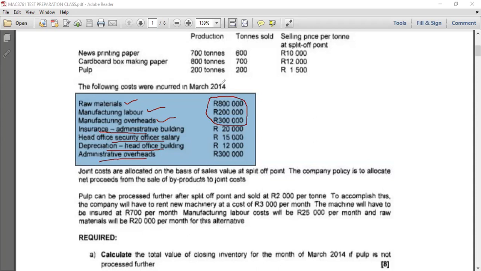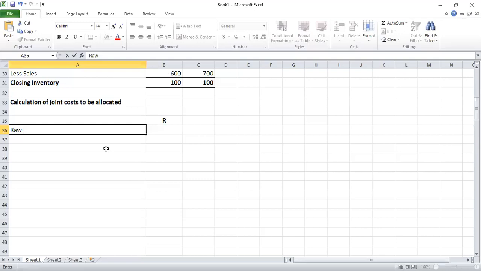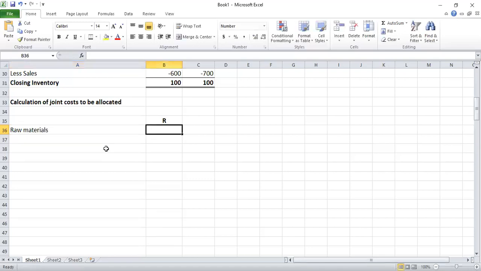Remember that when we are valuing inventory, we only include production cost. So we have raw materials, which is 800,000.